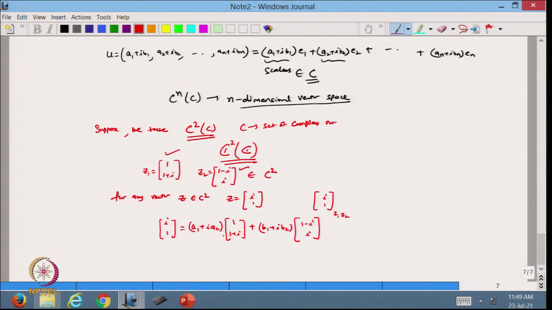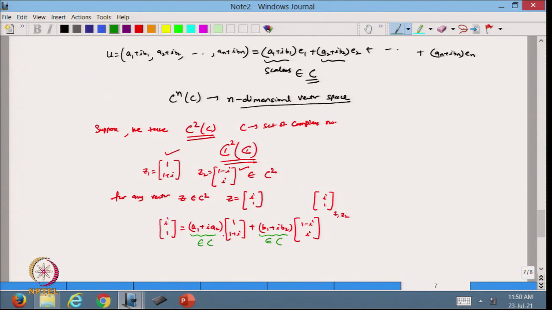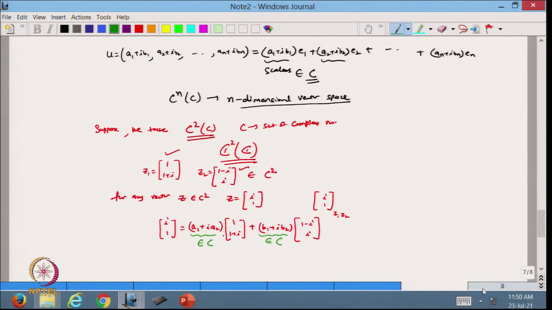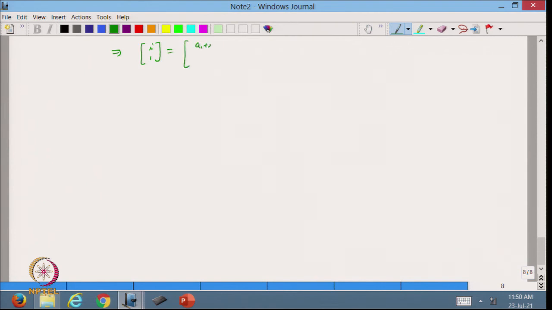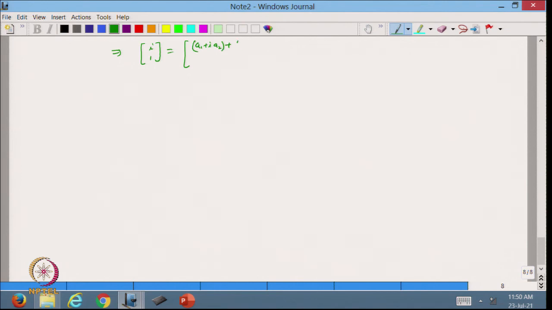You have to keep in mind here that this is my scalar, this is my scalar, and these belong to C, so we have to take them as complex numbers. Now, I can write this component wise. This is i, which should equal (a1 plus i a2) plus (b1 plus i b2) multiplied by (1 minus i).